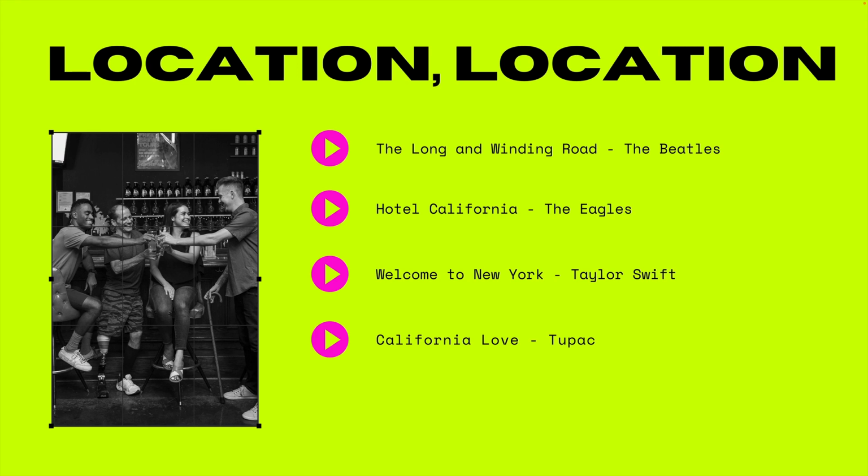Welcome to New York by Taylor Swift starts all about how she's in the Village walking around and she hears the call of New York. And California Love, obviously it starts with the great vocoded phrase, "California Love," but then it's like, "Let me welcome everybody to the wild, wild West."